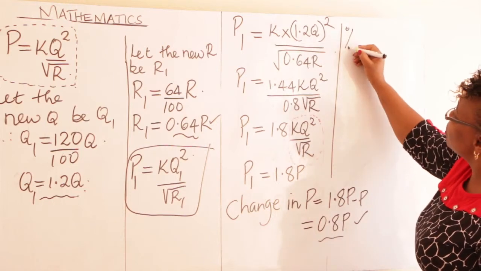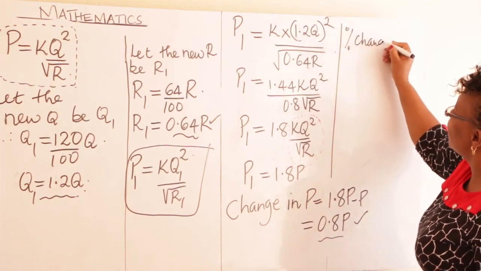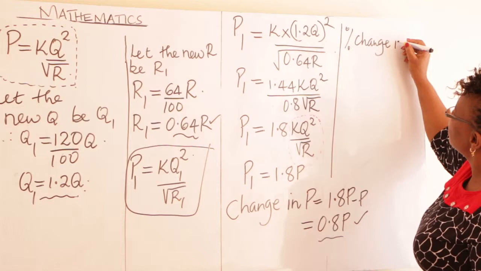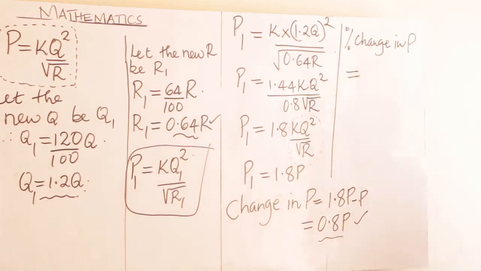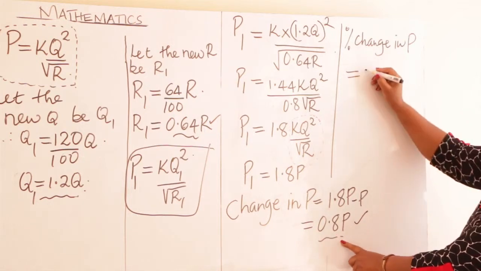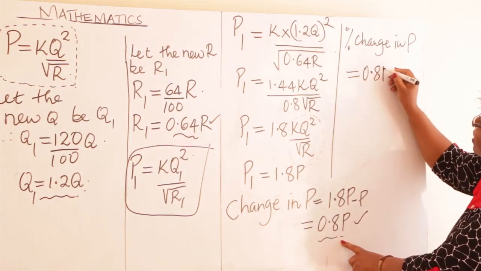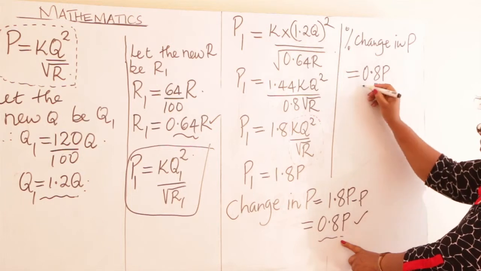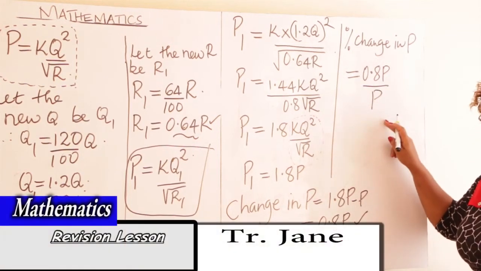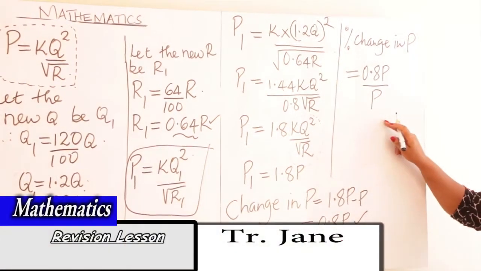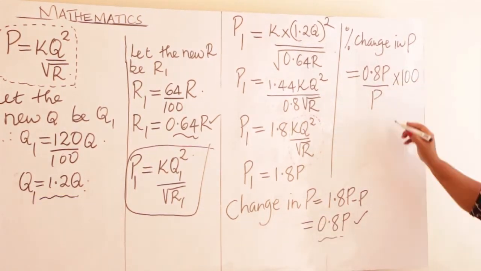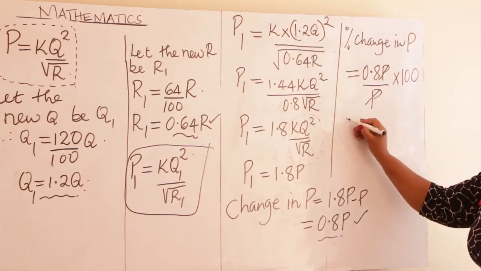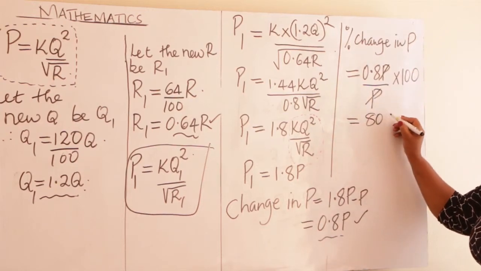The percentage change in P is equal to the change, which is 0.8 P, divided by the original P, times 100%. So this and this cancel out, and therefore this gives you 80%.